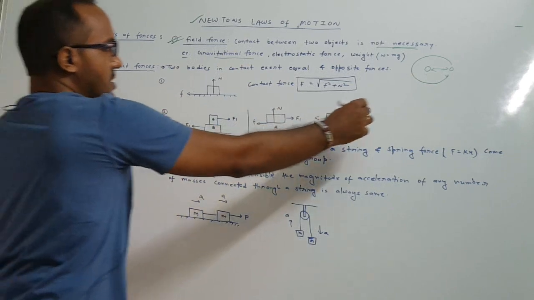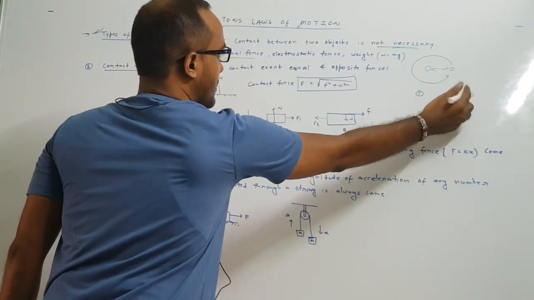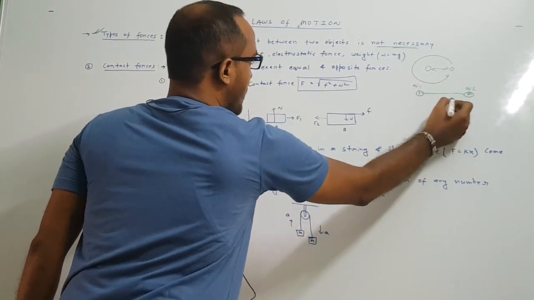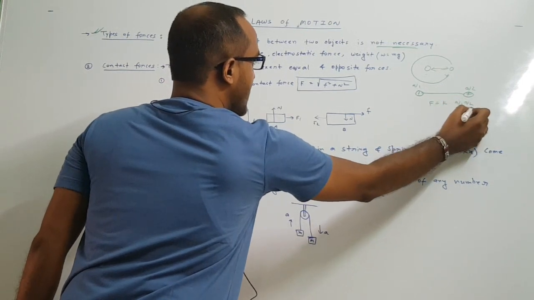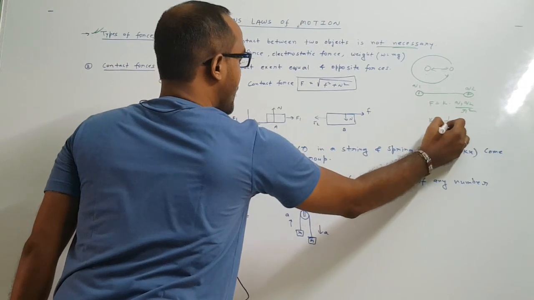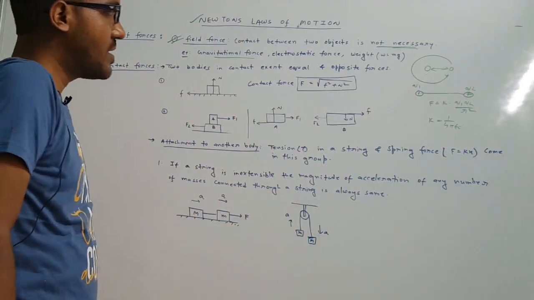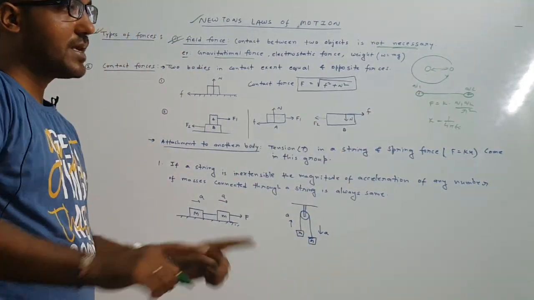Another field force is the electrostatic force of attraction. Let us say we have two positive charges, Q1 and Q2. There is a Coulombic force, that is F equals K Q1 Q2 by R square, where K is 1 by 4 pi epsilon naught. We will learn it in detail in class 12, but here also there is no physical contact.